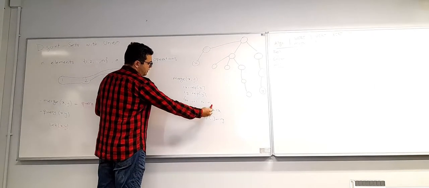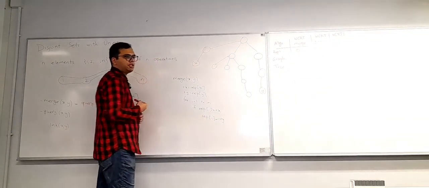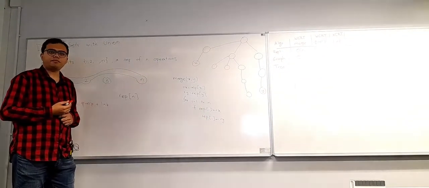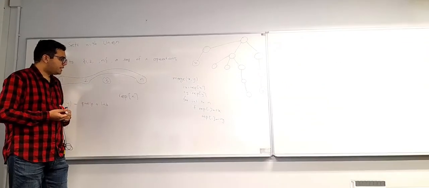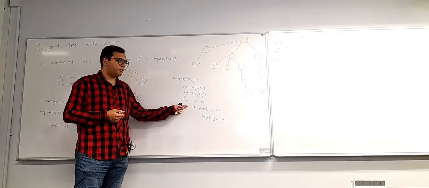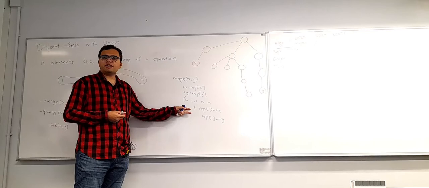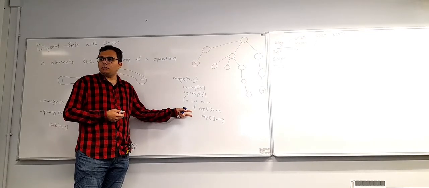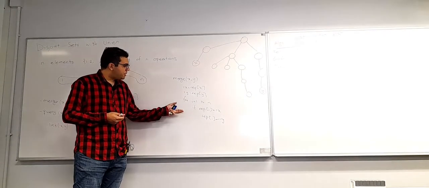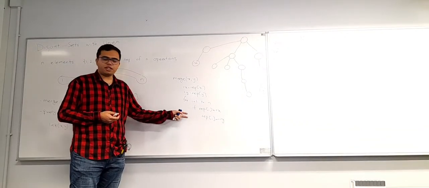I'm going over every element and I'm checking if the representative is Rx, and if so, I'm changing the representative to Ry. So the first thing we can see here is that I don't need to go over all of the elements. The set that includes X might be really small, but even when that set has 1 or 2 elements, I'm going over all of my n elements. So that's the first thing that I can fix.